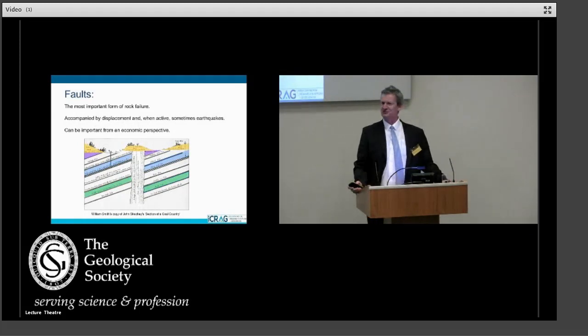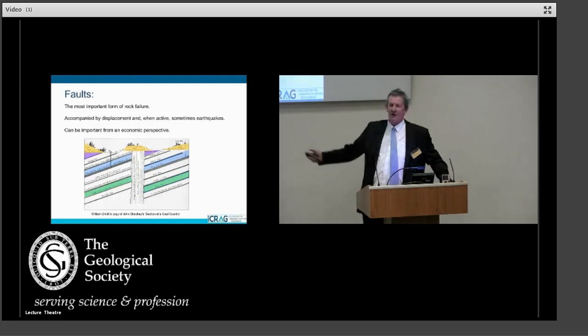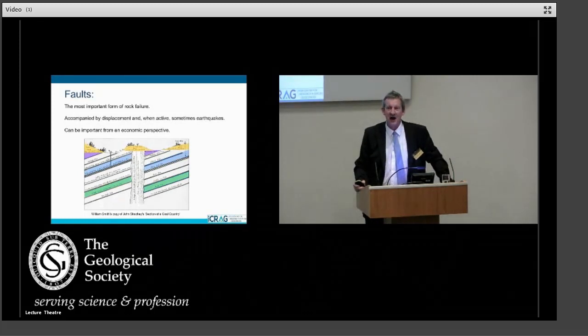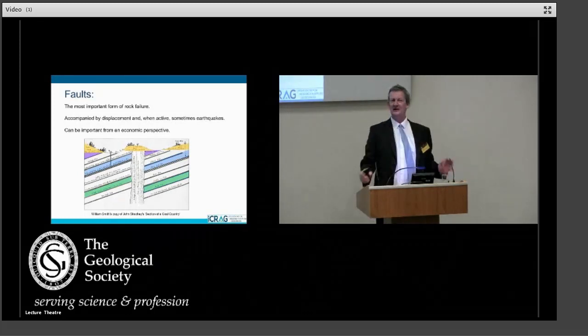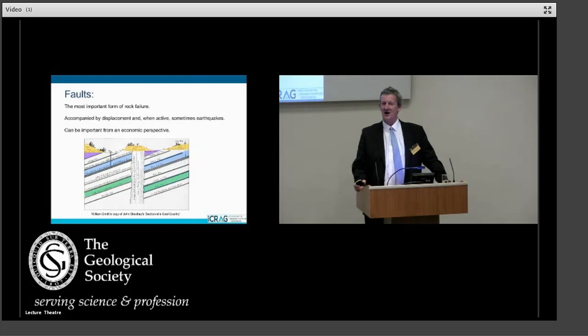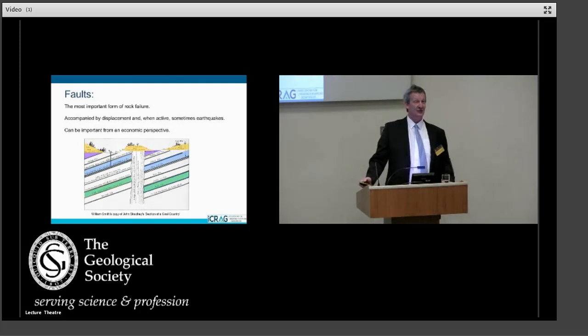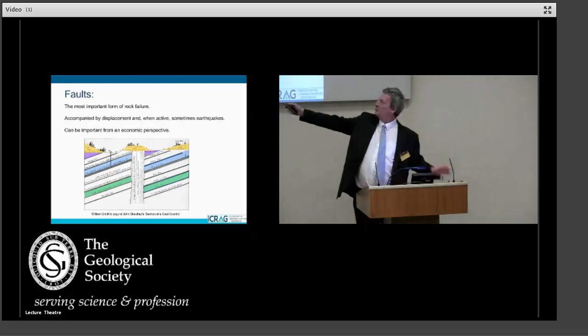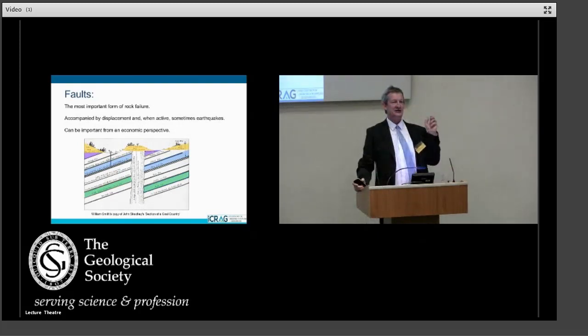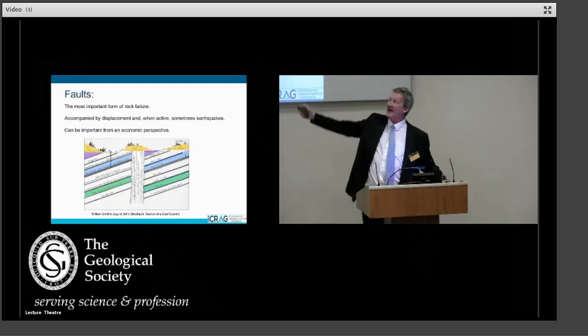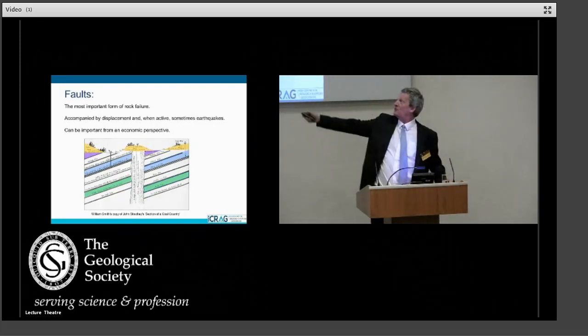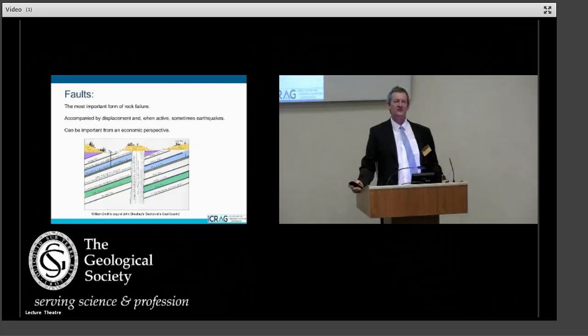He was interested in structures. He knew that there are structures which offset his strata, the strata that he painfully looked at the fossils of, and he knew that they actually jumped across these weird things called faults, and I've made a living looking at them. He also knew, by virtue of his stratigraphy, that these faults were actually dead and buried before these sediments were deposited over the top.